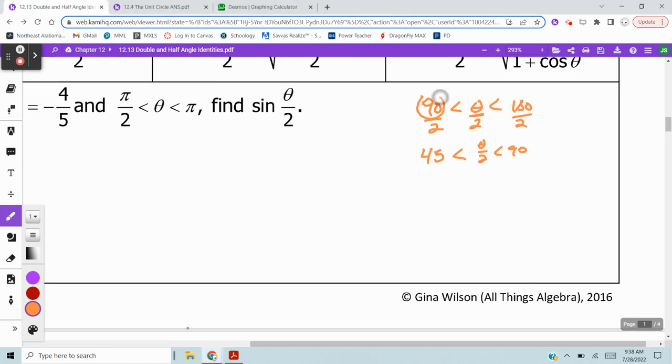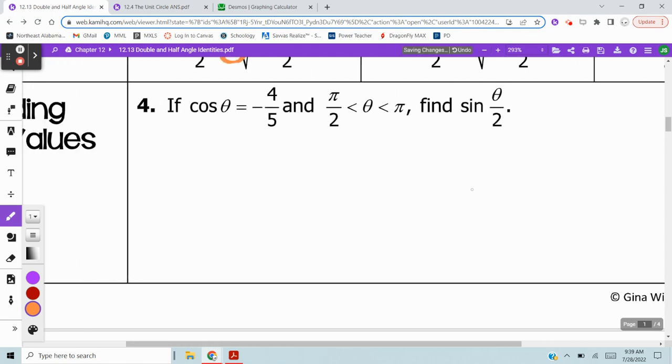Your original angle being between 90 and 180 was in the second quadrant, but when you half it, you're between 45 and 90 degrees, that's in the first quadrant. And you would have to decide, whether you're finding sine, cosine, or tangent, is that value going to be positive or negative based on where it's at? So that's all we're going to do there.